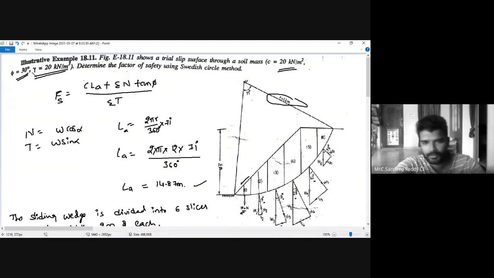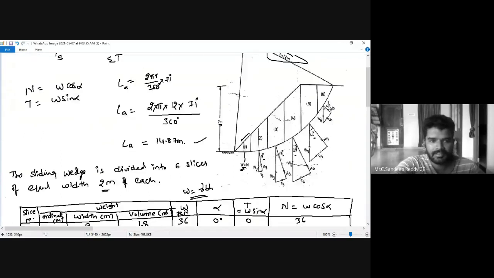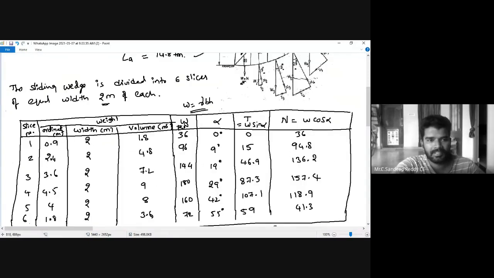I think that goes to the mathematical part. That's why, to avoid that and to save time, I have written all the ordinate heights directly. It is not constant. It depends on the failure surface length. So if you want to consider 4 slices instead of 6 slices, the width will be different. Okay, clear?